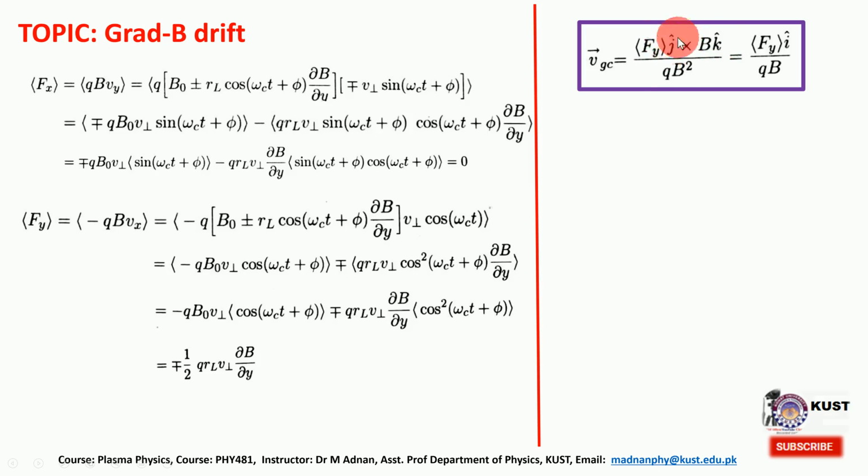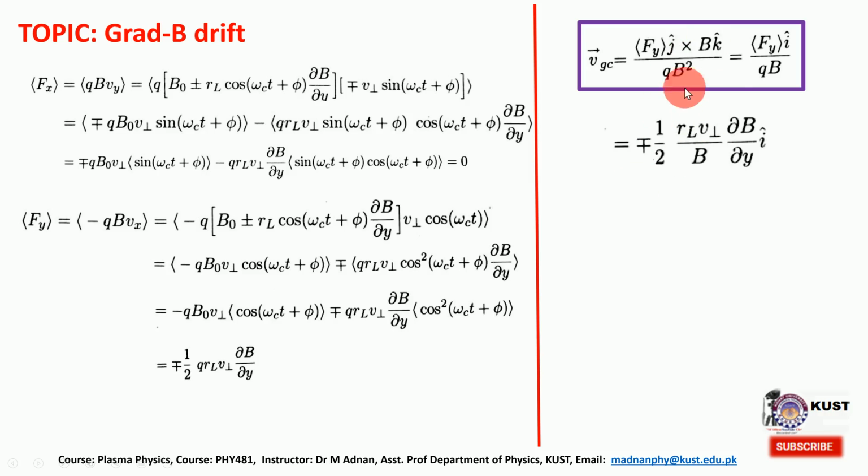If we just find out this cross product, the guiding center will drift in the x direction. That is, if there is a force on the guiding center along y, the guiding center will drift because of that force which is cross to the B field.